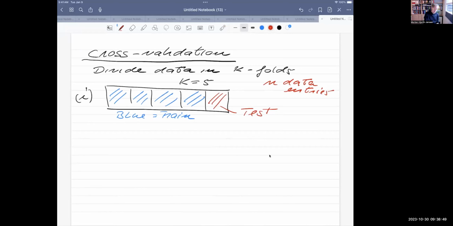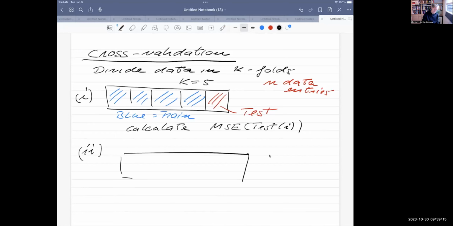So with K equal 5, it means that you have 20% for testing. Now, when you've done this training, what you would do then is to calculate the mean squared error for test. And this is, for example, the test for case 1. Then we have case 2 here. And then we repeat this kind of splitting.